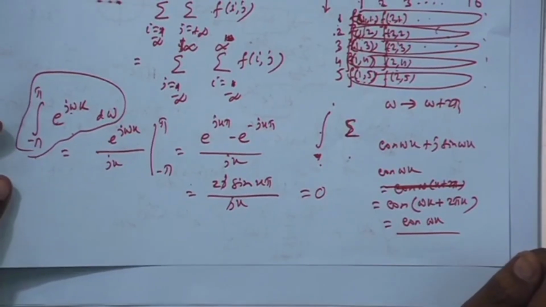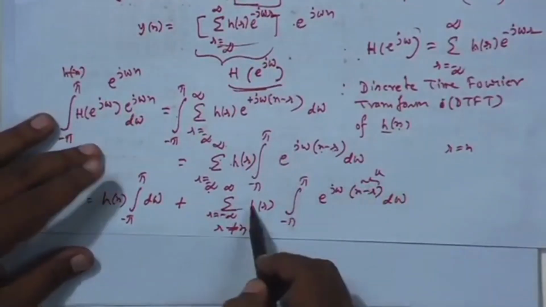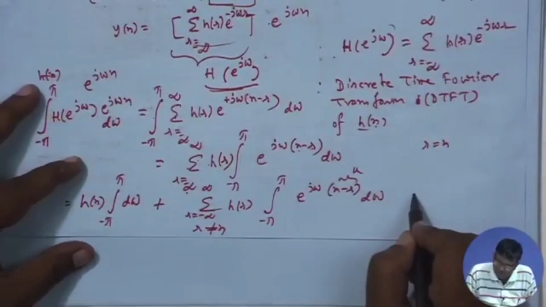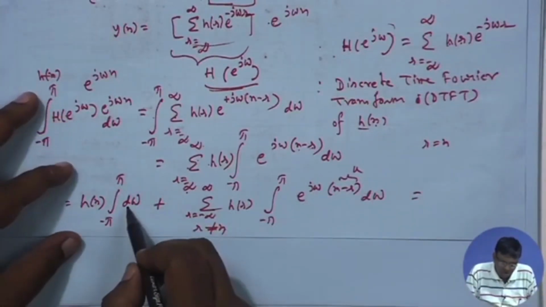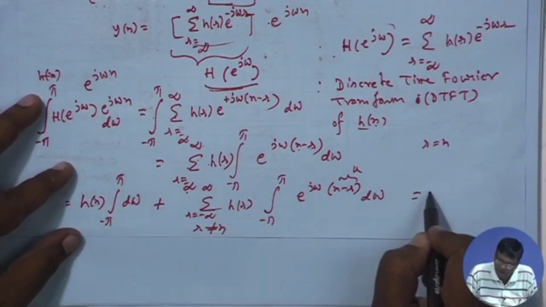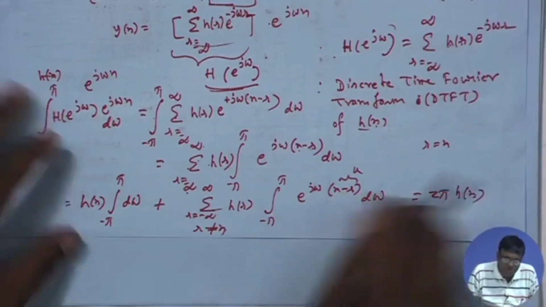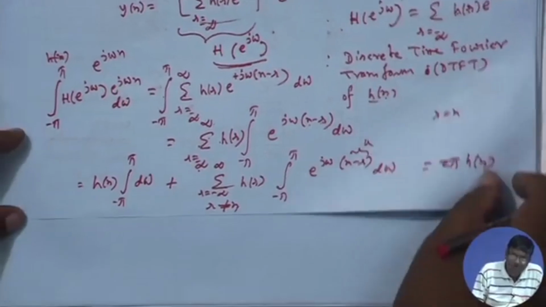So, that means this is 0. You are left with only the first term. The first term, if you carry out the integral, will give you omega from minus pi to pi, so 2 pi times h n.